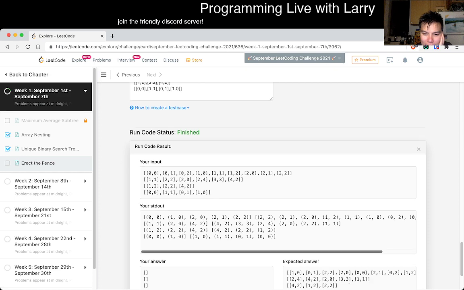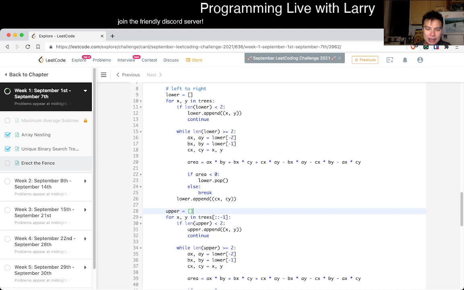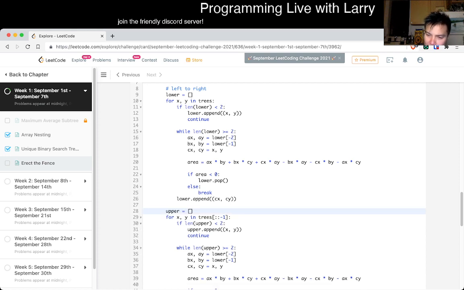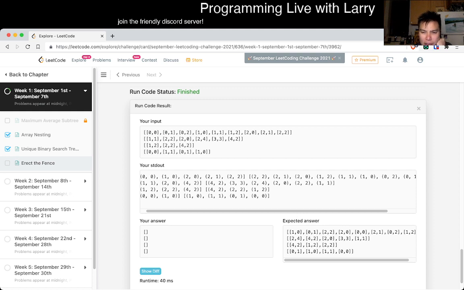So we start here. Oh, I see. This is not good enough because we have to also, okay. We actually have to sort. No, that's not true. No, this is good enough, because this automatically means that in the same thing, the Y gets sorted. Okay, yeah. So we start at 2, 2, that's reasonable. 2, 1 doesn't make sense for an upper hull.